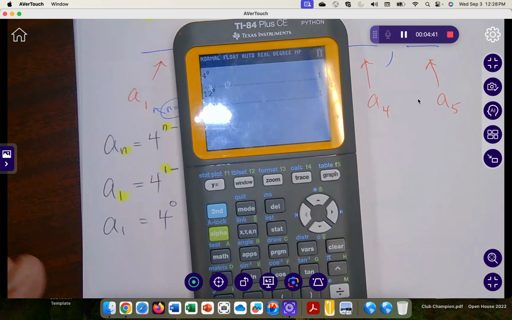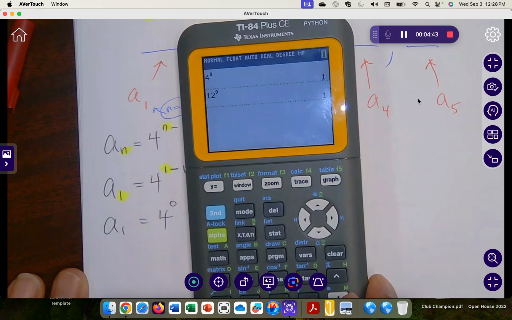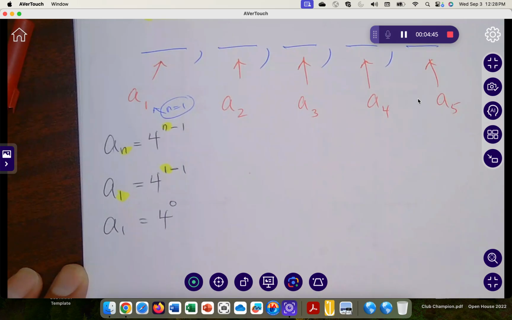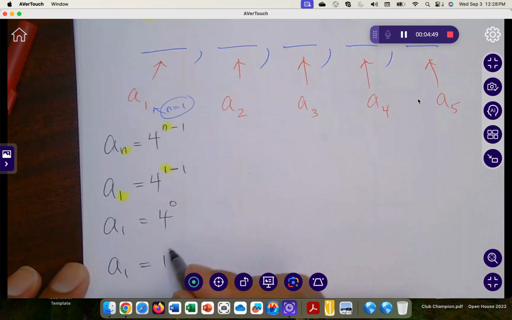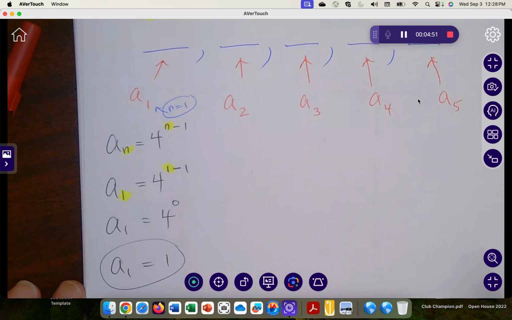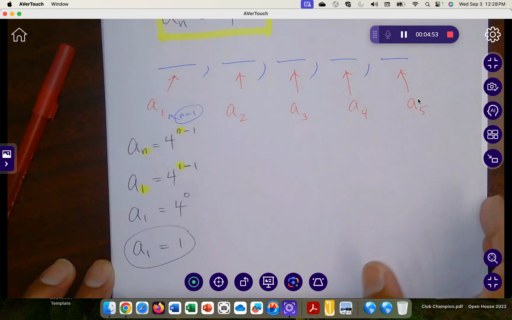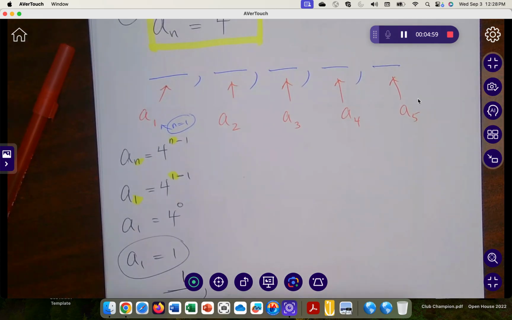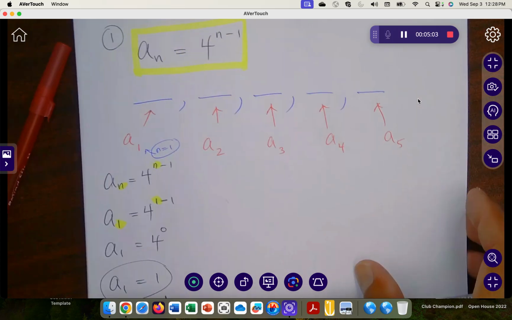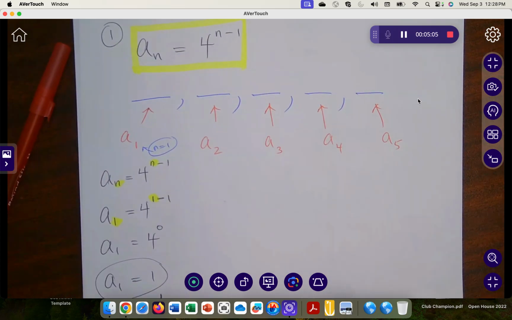A lot of people think it's 0. It's not. All right. So we found the first term. The answer for the first term is, let me put it down here, 1. Okay, let's do the rest quickly now.